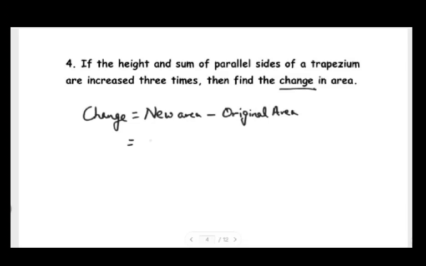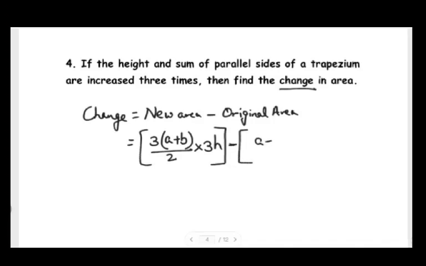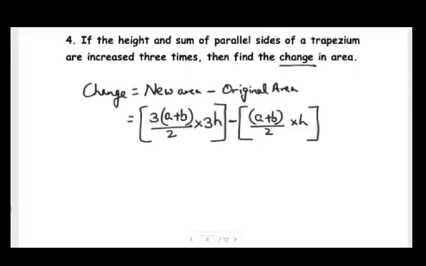The sum of parallel sides has to be multiplied by 3, as it is saying 3 times, and the height is also multiplied by 3. So this whole has to be subtracted by the original one, which is A plus B upon 2 into the height. Now everything in the second whole thing, the original area, acquires a minus sign.